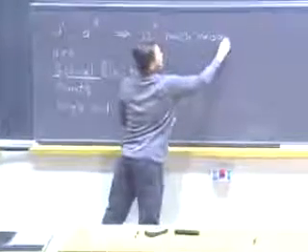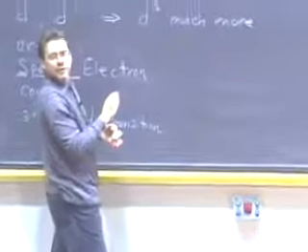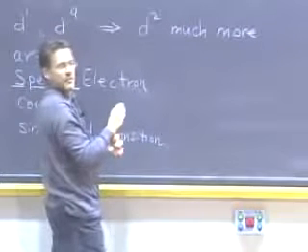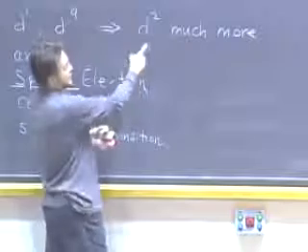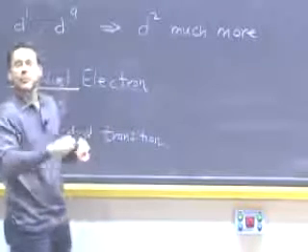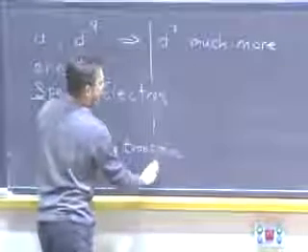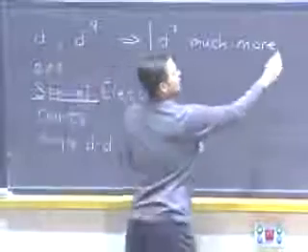And this is beyond the scope of 511.2, but it's something that they're treating in 504, for example. So if you go on in inorganic chemistry, you'll learn how multiple states arise when you have more than just a one electron picture.